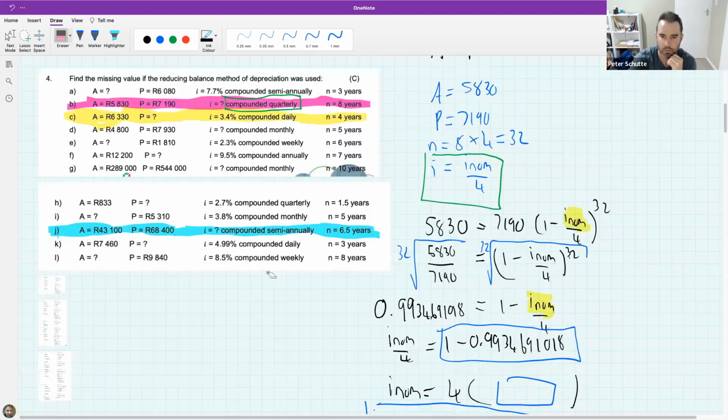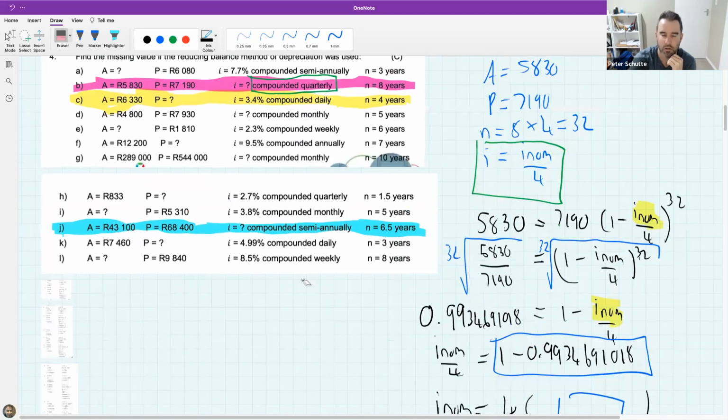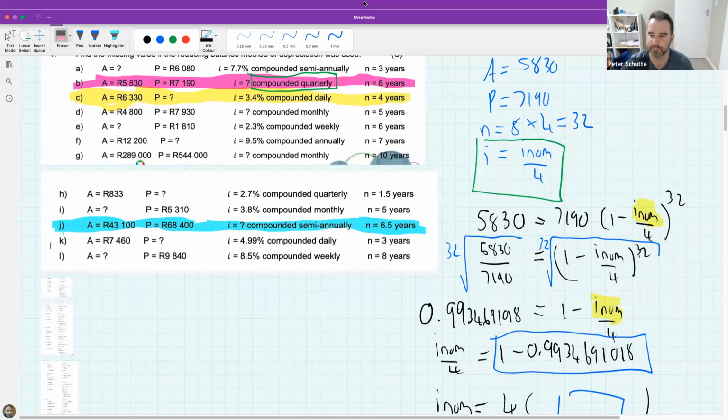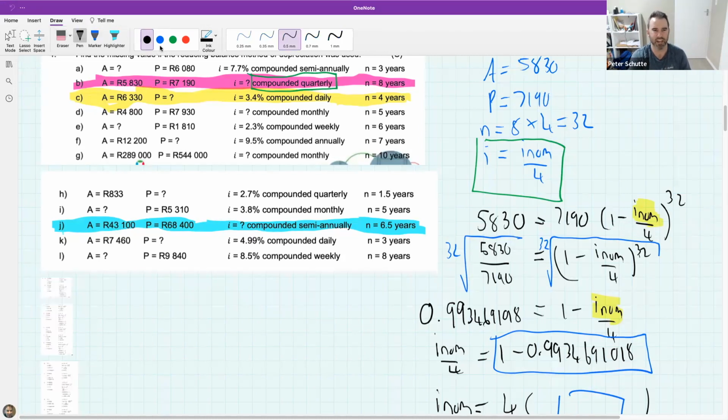Maybe I should really zoom in a bit here. Let's go, team. You can do it. I know these are a little bit long, but the more you practice them, they do get easier.